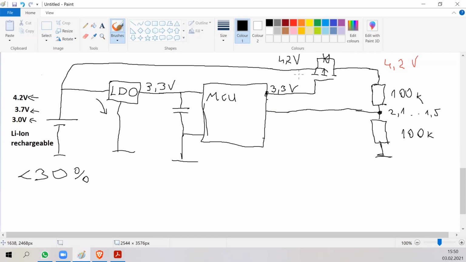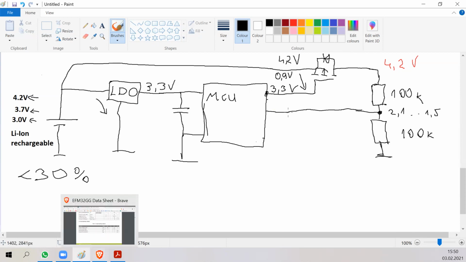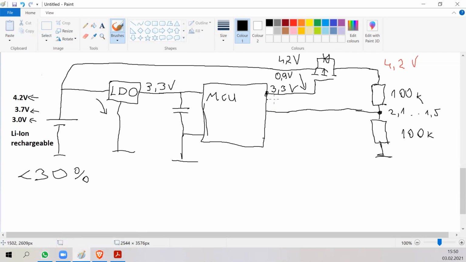So the voltage between source and gate is 4.2 minus 3.3, which is 0.9 volts, okay? I cannot get it to 0, because then I would need to force the microcontroller output voltage to 4.2, and it's not possible because it's connected to 3.3 volts.